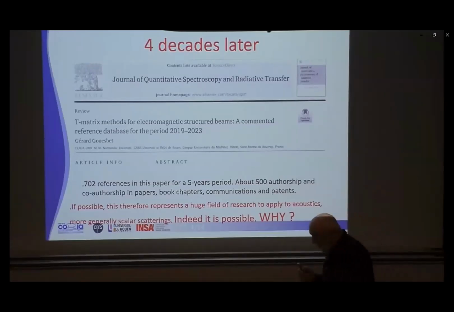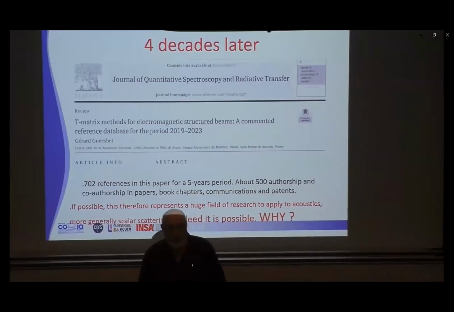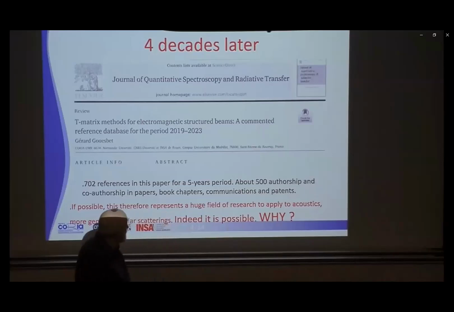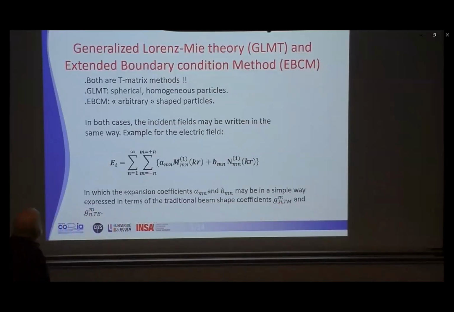And now that's the prime. All this field of research that has been developed for 40 years can be transferred to acoustical scattering. This is something which was very unexpected for me 3 years ago. And why is it possible? How is that possible? Well, first, just recall a few things.